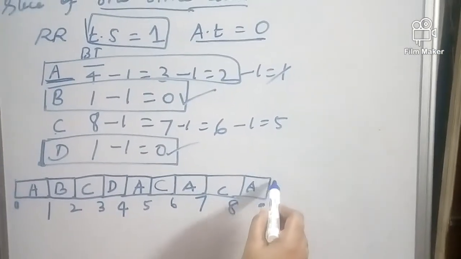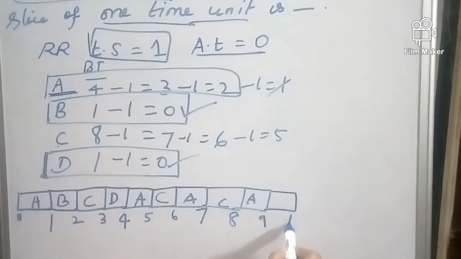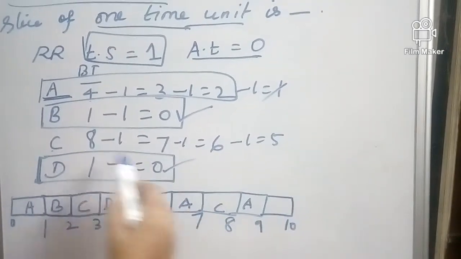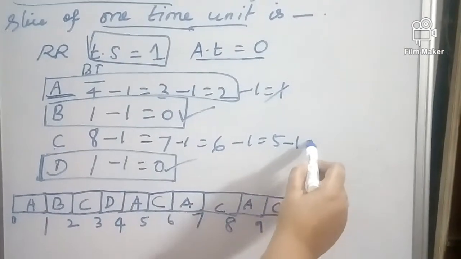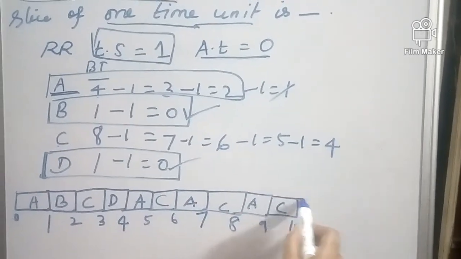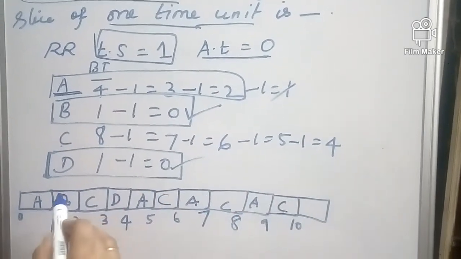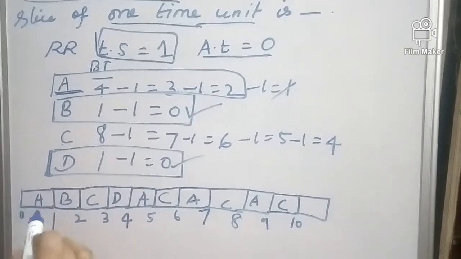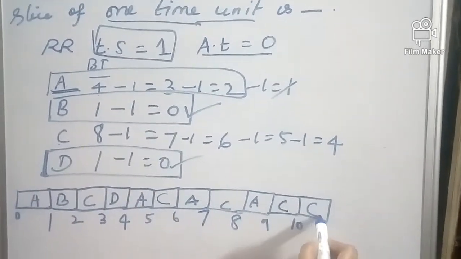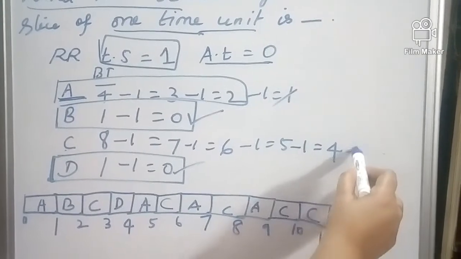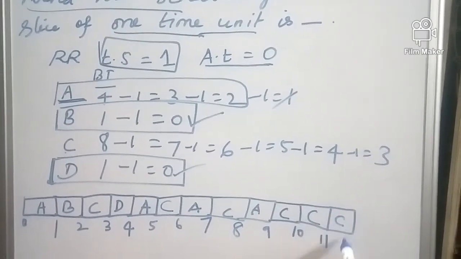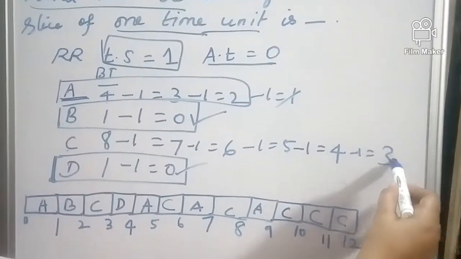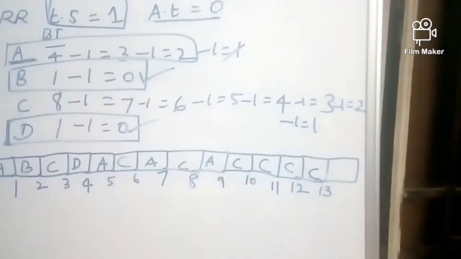The next 9 to 10 slot is allocated to process C. So 5 minus 1 is equal to 4. The remaining one is the process C itself. So again C, 10 to 11, 4 minus 1 is equal to 3. Again C, 11 to 12, 3 minus 1 is equal to 2.